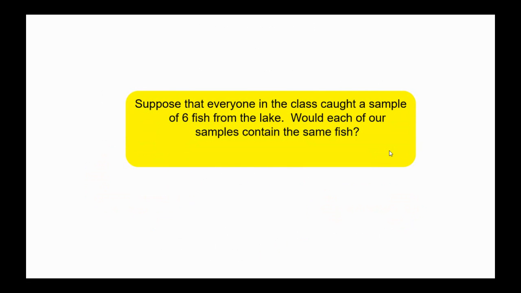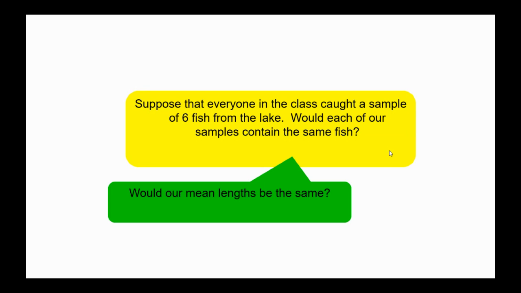So suppose that everyone in the class went out and they told us we could all go fishing. And we all caught 6 fish. Would each of our samples contain the same 6 fish? Most likely not, no. Would our mean lengths all be the same?